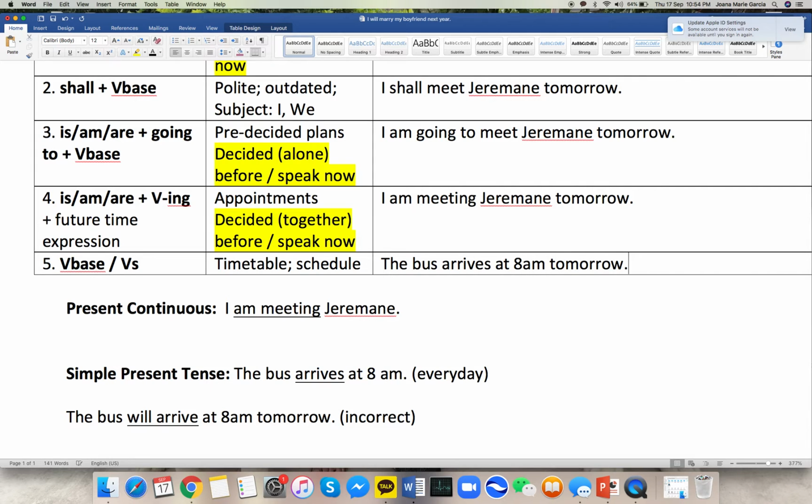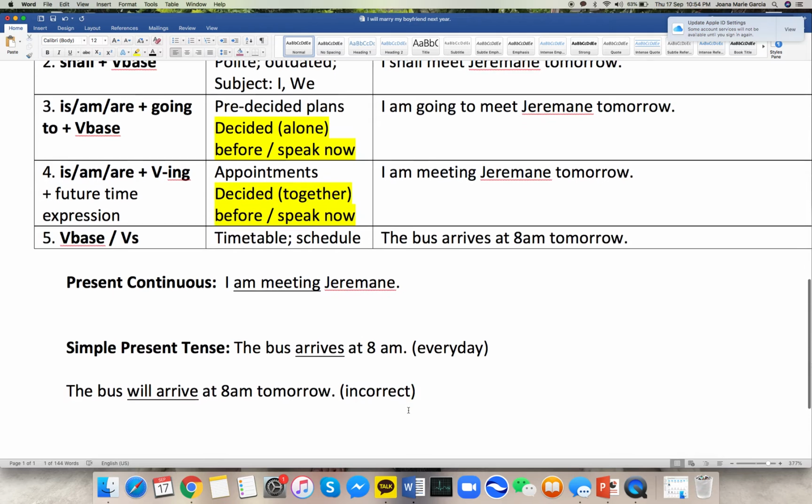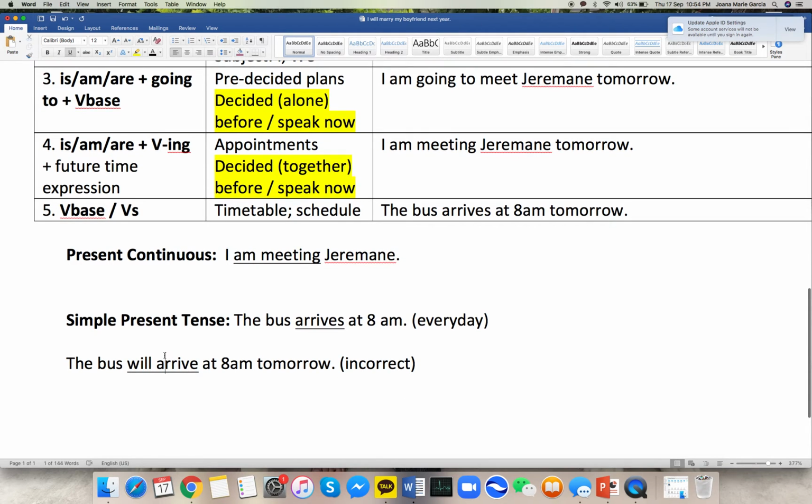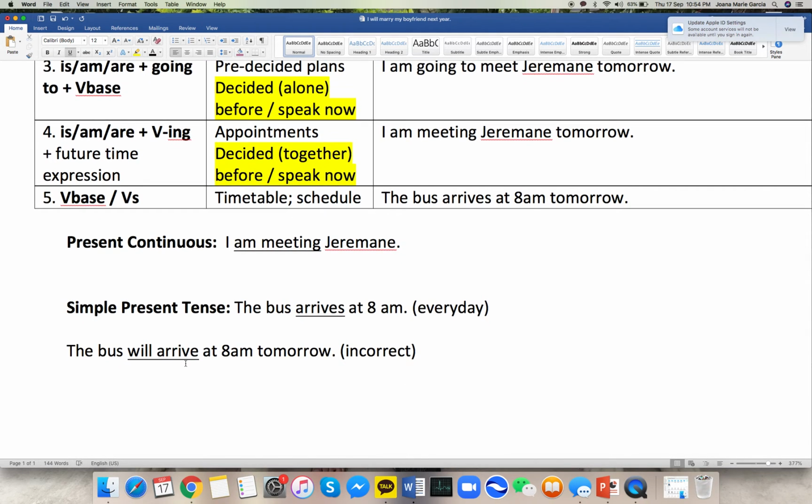tomorrow. So in that case, there should be tomorrow to show that it's only for the future, not every day. Right? So if you want to use will plus V base here, you have to change it like the driver will drive the bus at 8 a.m. or will start driving the bus at 8 a.m. tomorrow.